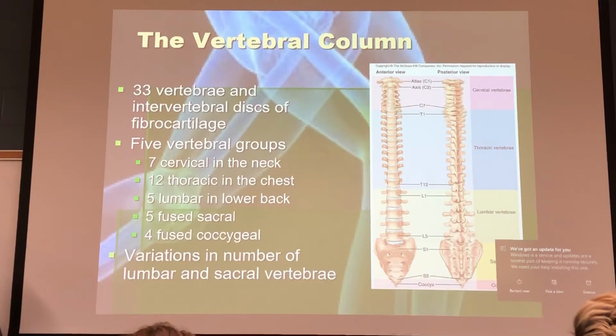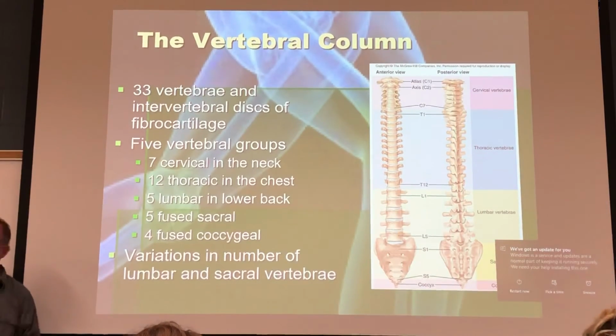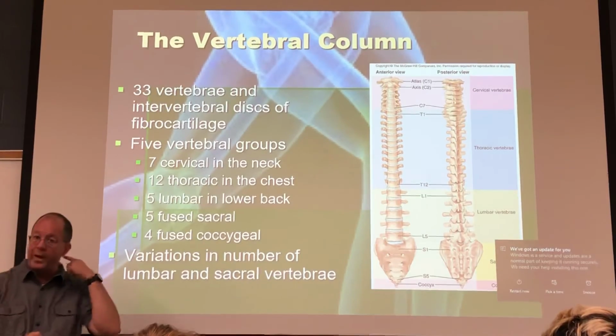Remember how we're playing the game for lab on Tuesday, is that you have to be able to recognize one vertebrae by itself, whether it's cervical, thoracic, or lumbar. And when we do that, we have to start with the top, the cervical vertebrae, towards your neck.